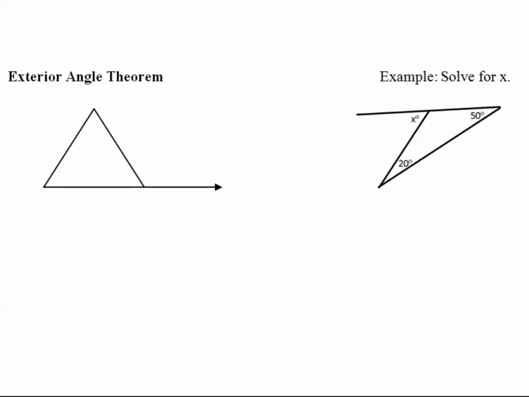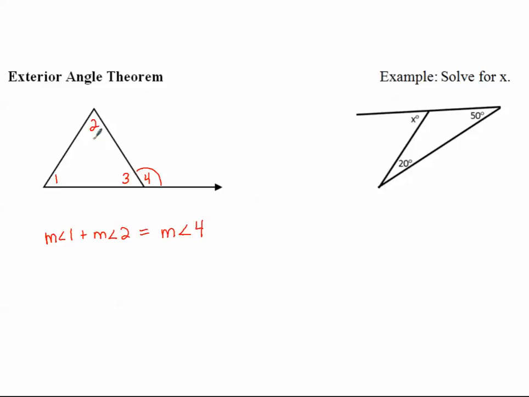So let's go back to our notes and write the exterior angle theorem. The exterior angle theorem tells us if I have two interior angles, the two that are far away from this exterior angle, let's call this interior angle angle 3 and this exterior angle 4, then the sum of those two interior angles will add up to the measure of that exterior angle.